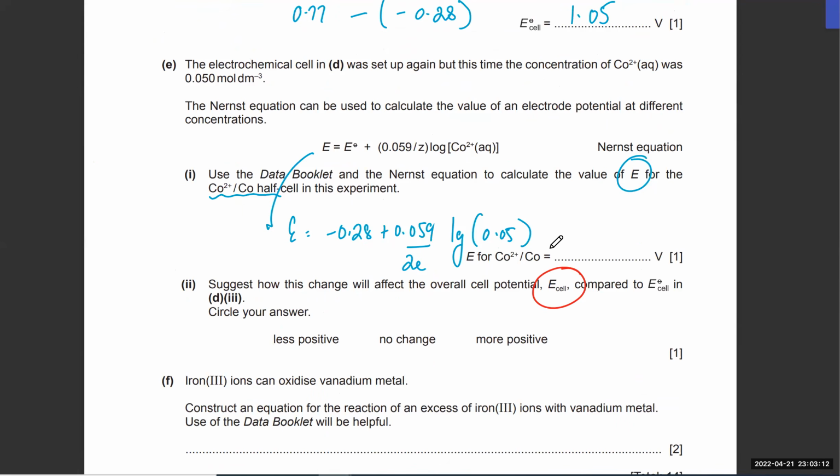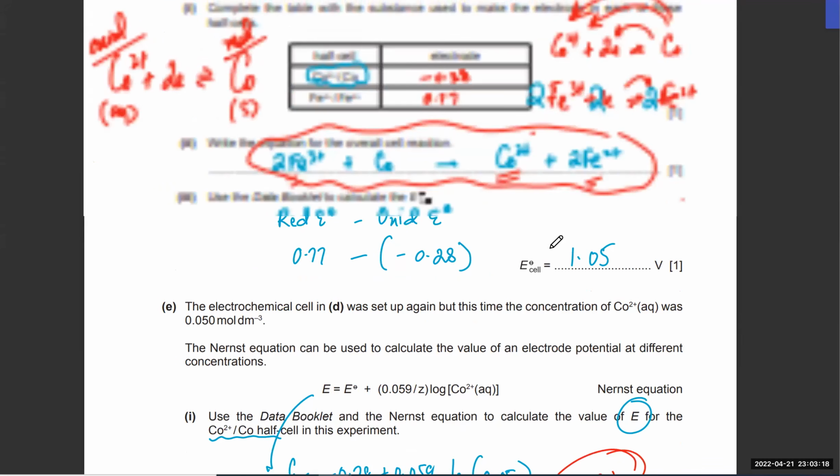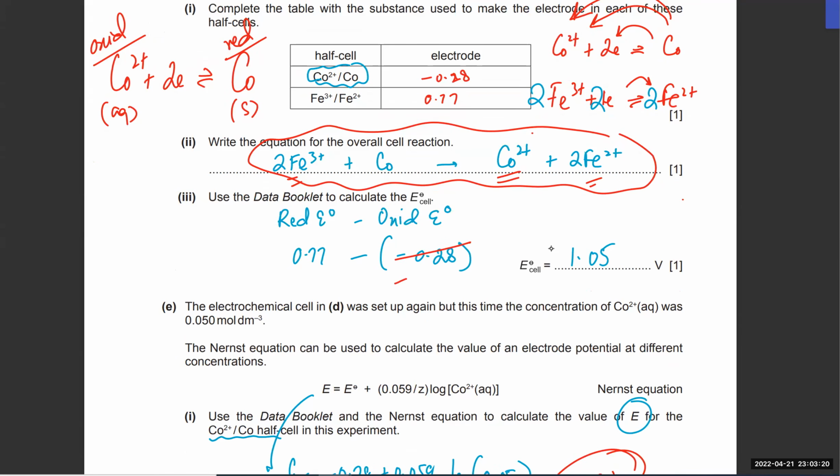Minus 0.31. So if I plug in minus 0.31 instead of minus 0.28, my E0 cell would become what? Instead of 1.05, it would become 1.01.